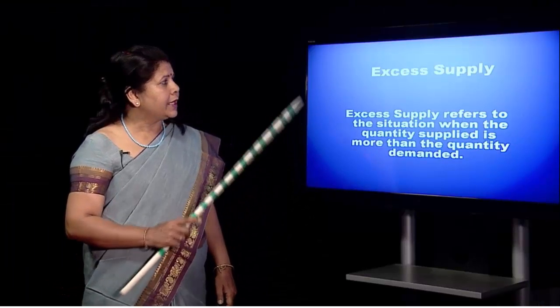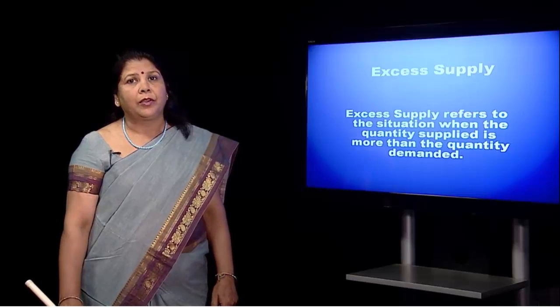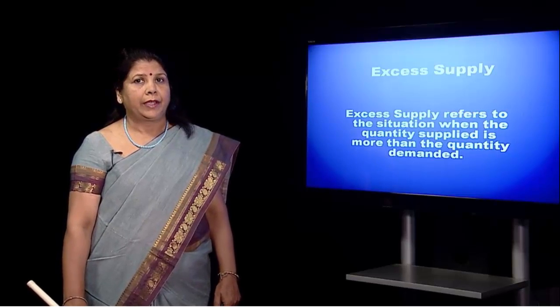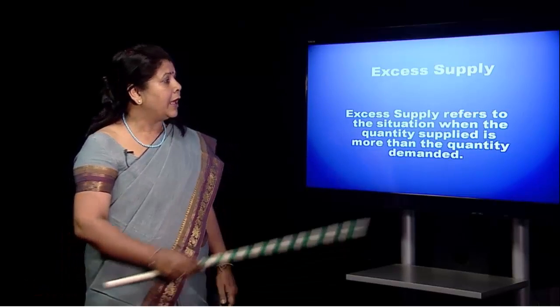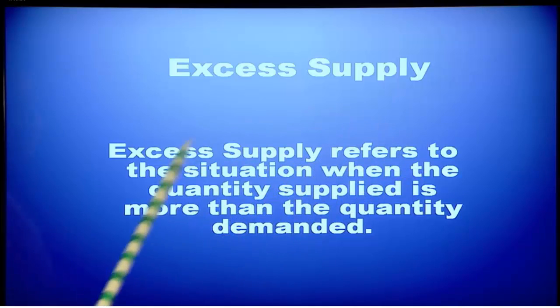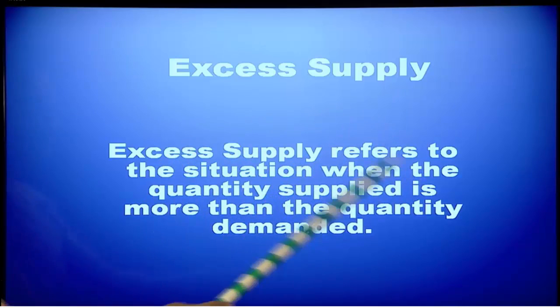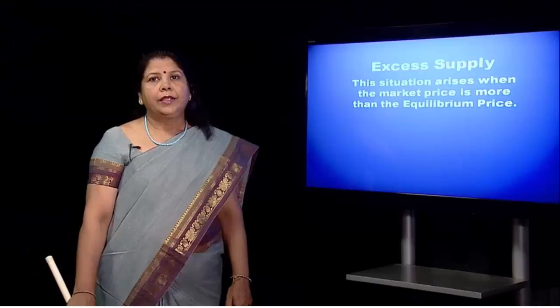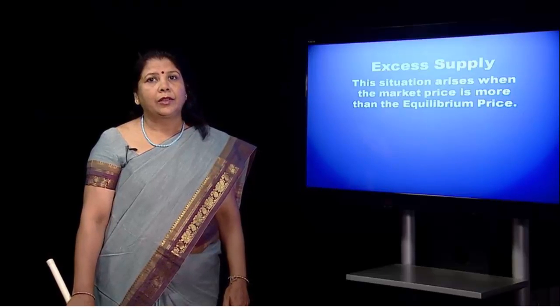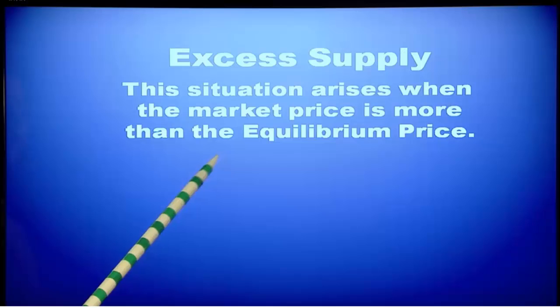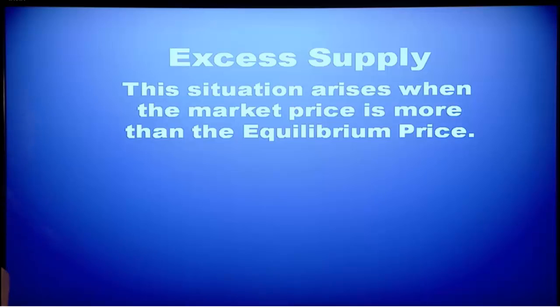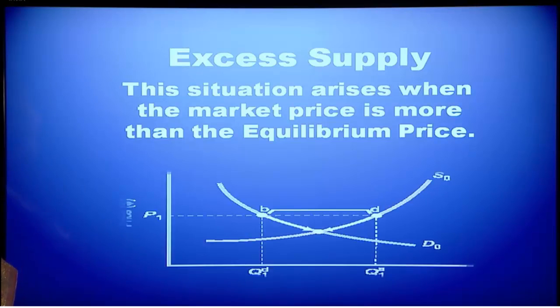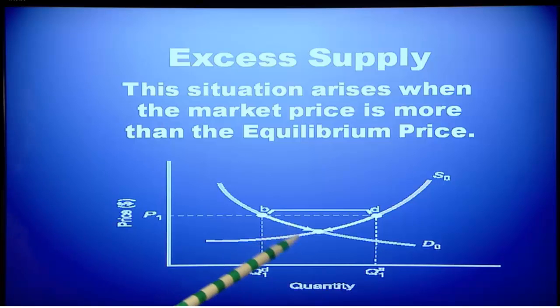Let us now understand what happens in a situation of excess supply. Excess supply refers to the situation when the quantity supplied is more than the quantity demanded. This situation arises when the market price is more than the equilibrium price. Can we see this graphically also? Yes.